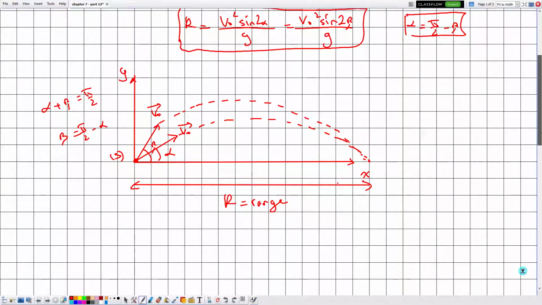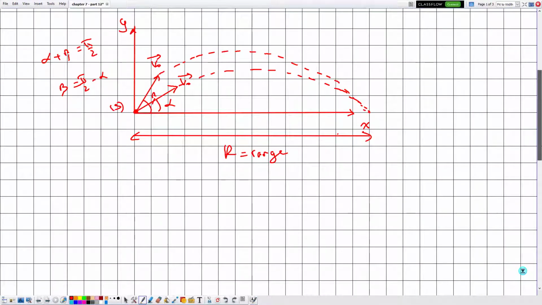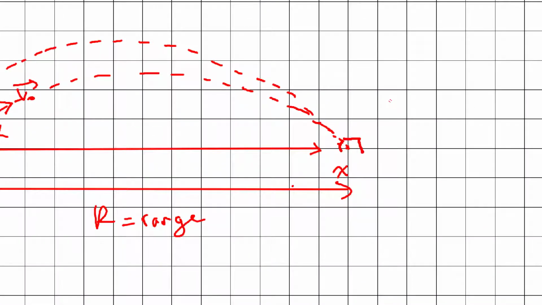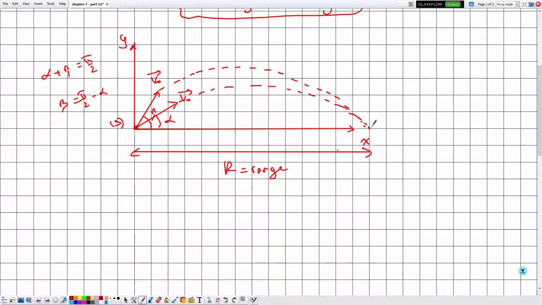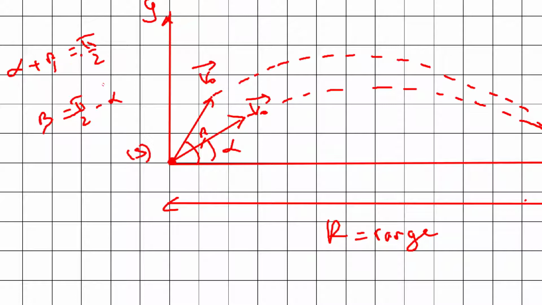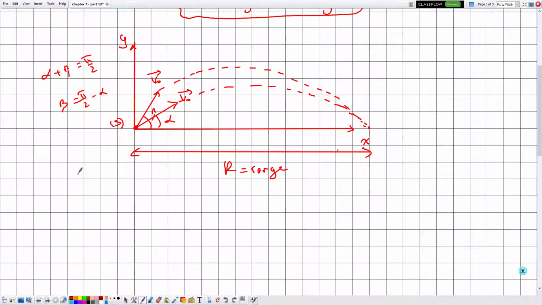So the projectile always has the same range for two different angles, so we can always reach a point, which is considered the range, by two different angles. These two different angles are related by pi by 2, that is, they are complementary angles.